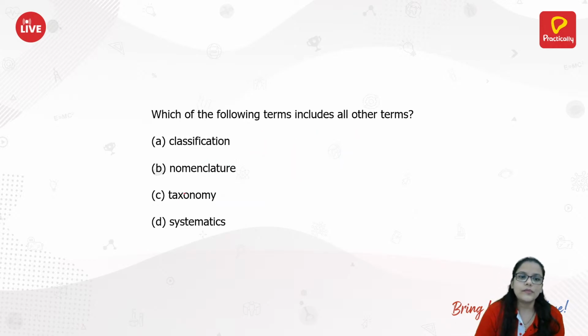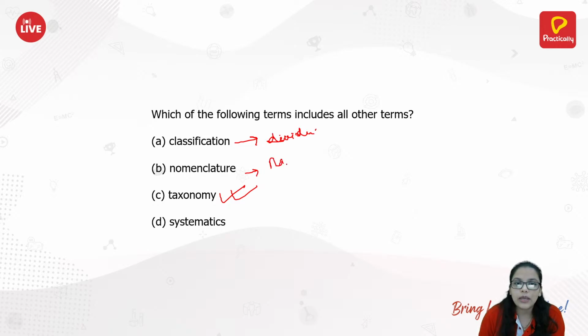Next, which of the following terms includes all other terms? Classification, nomenclature, taxonomy, systematics. Can anyone answer? Okay, so the answer to this question is taxonomy. Because classification is just classifying, dividing.